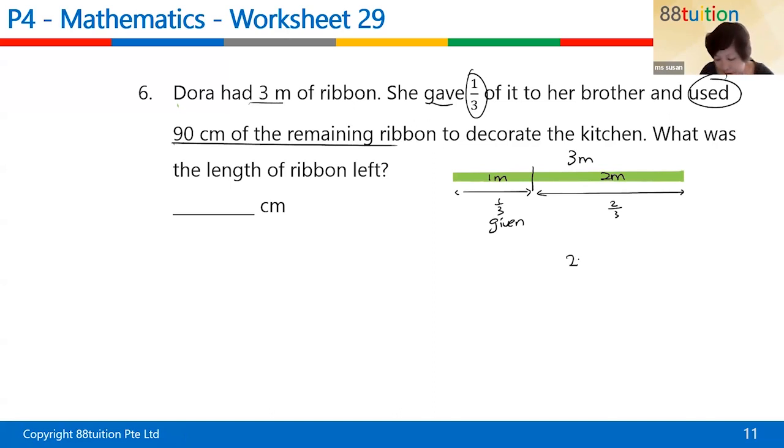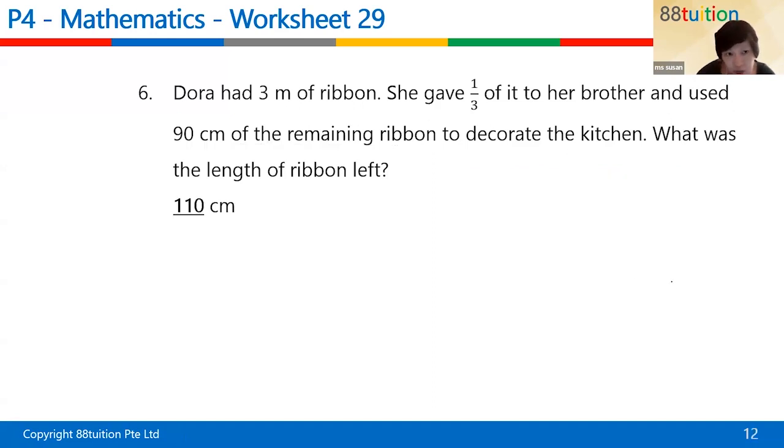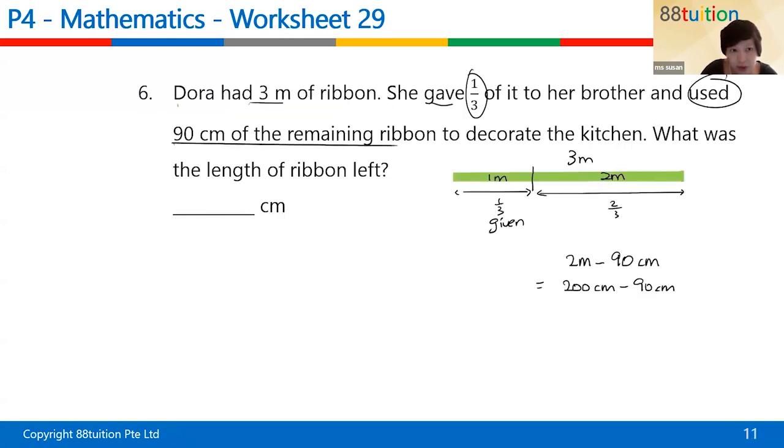So you must minus 90 cm from 200 cm. Change it to cm. So what will you get? It's here. 110.